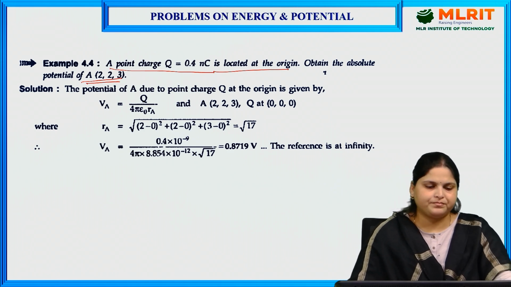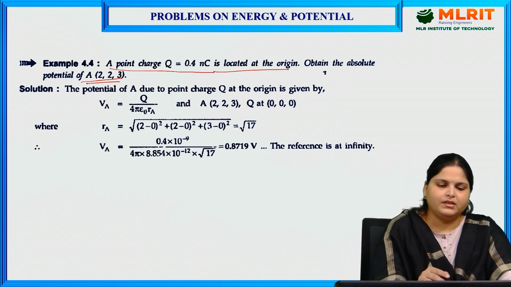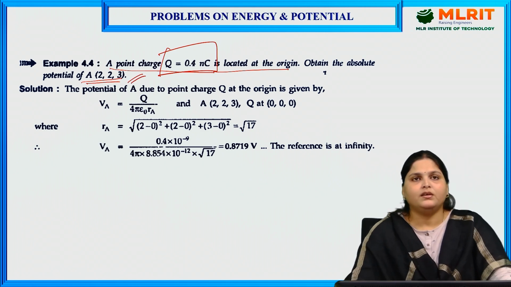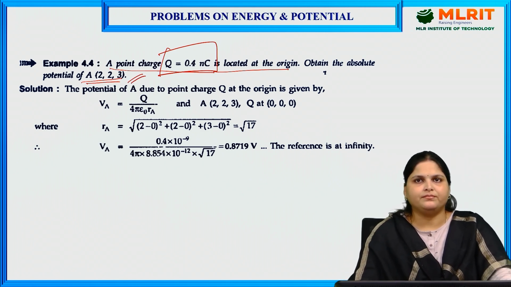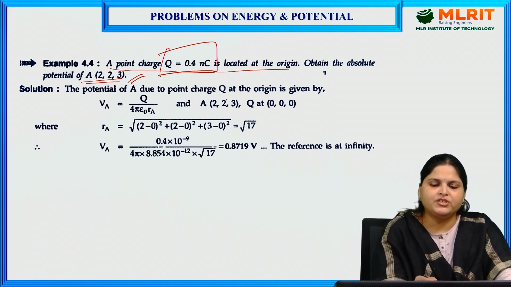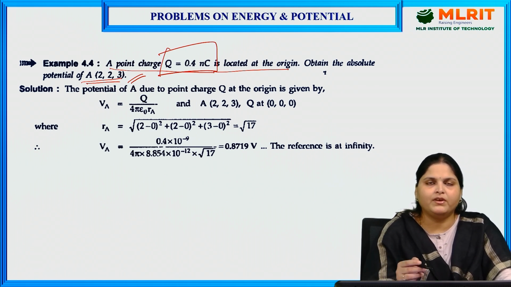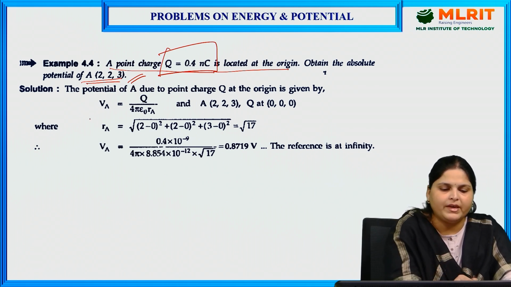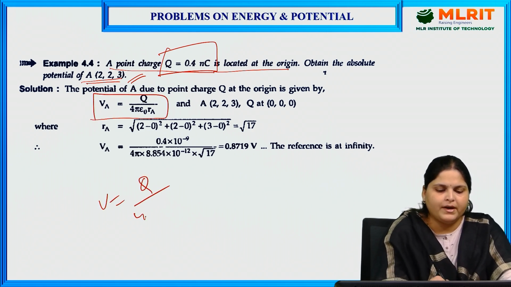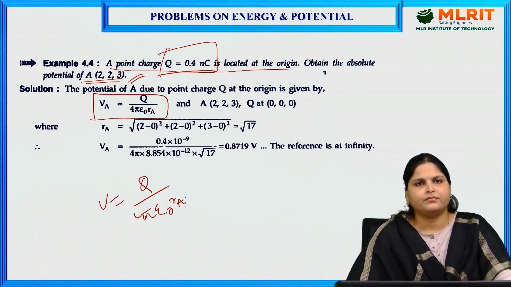Now, Q is given and the location of the potential point is given. So the potential of A due to the point charge Q at the origin will be given as VA is equal to Q upon 4 pi epsilon naught R A. That is the formula of potential.